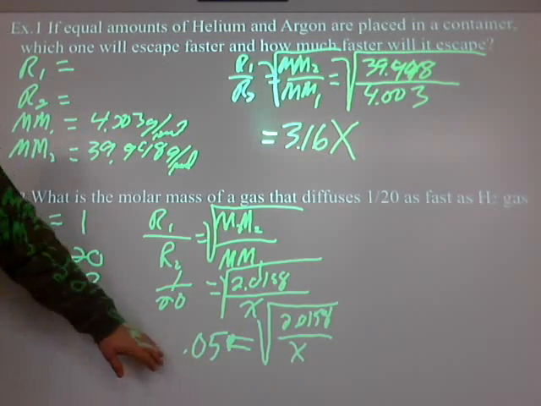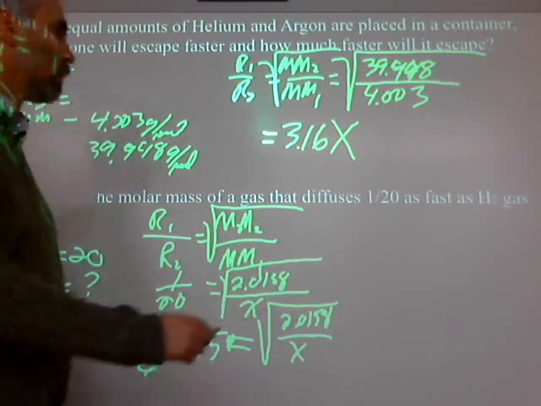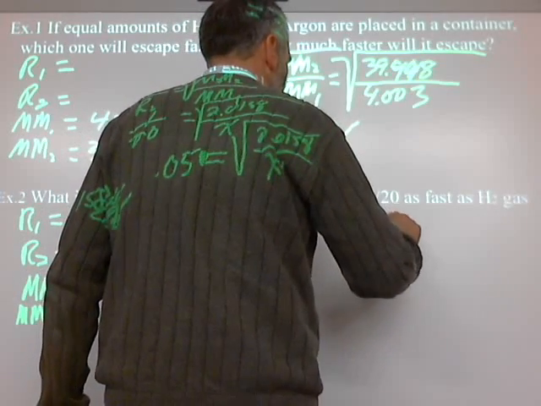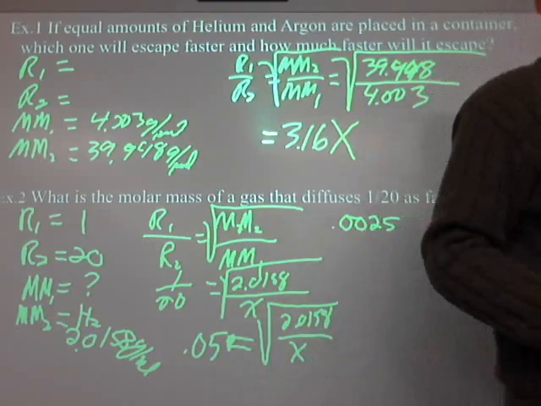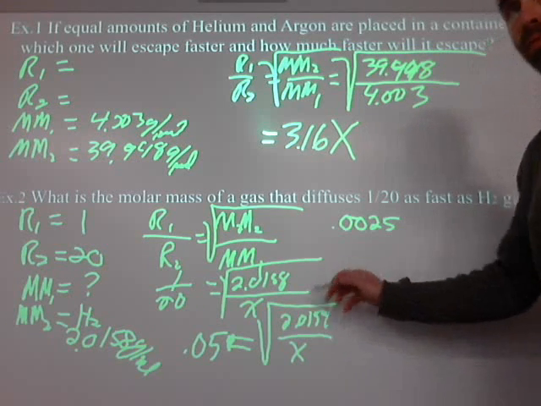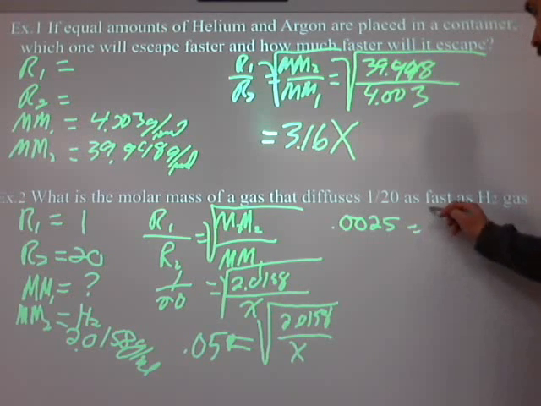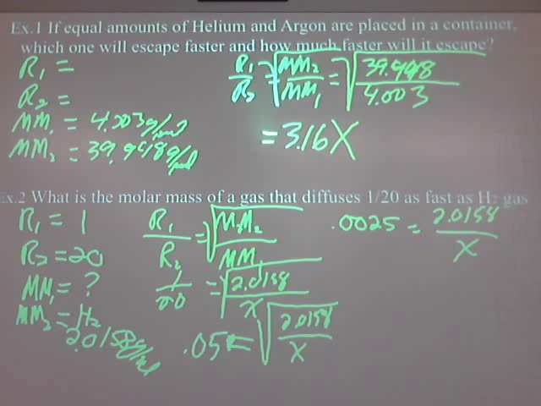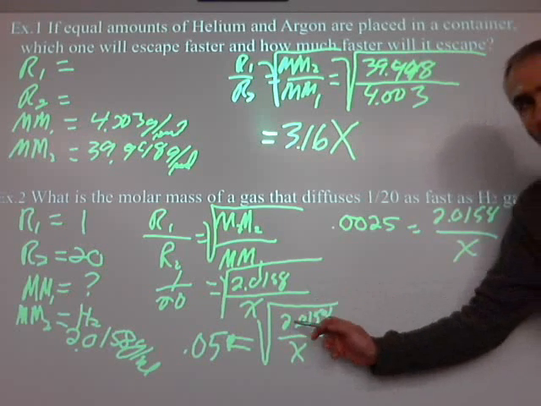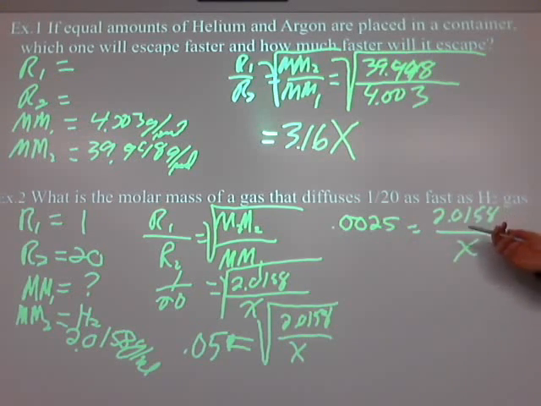What's the square of 0.05? Correct. And the square of the square root of this guy is going to be 2.0158 over X. Everybody see where that came from? That makes sense to everybody mathematically? If I square the square root of this guy, it comes out to that guy, right? Good.